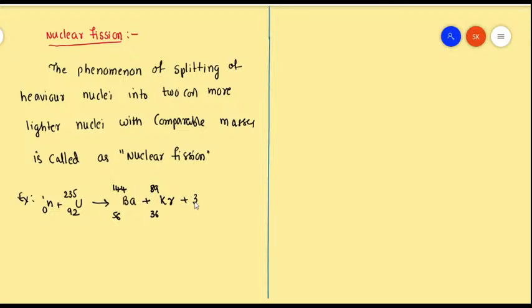Along with that, three neutrons are released, and some energy is released. That energy release is 200 mega electron volts.